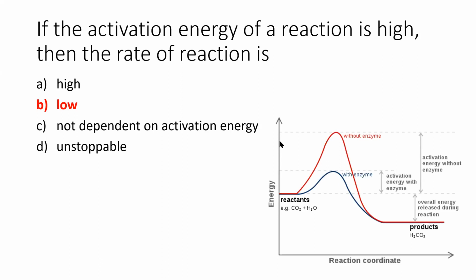It's going to proceed very slowly because it's going to need more energy in order to allow that reaction to proceed, okay? If the activation energy of the reaction is low, which is what an enzyme does, it lowers that activation energy, then the rate or how fast the reaction can proceed is going to be high. Okay, so the answer here was B.